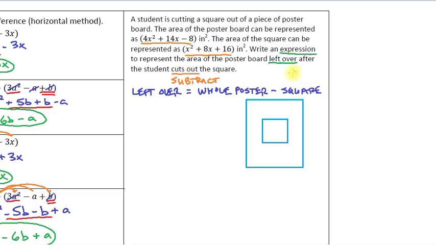So it's the area of the whole poster board minus the square is going to be the leftover, which is exactly what we want. We want the leftover part right here. And so now look, class, all this is just subtracting two expressions, subtracting a polynomial from a polynomial.